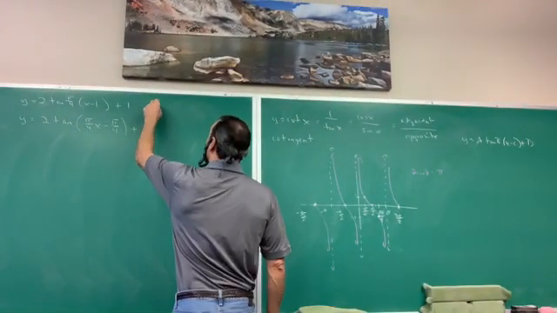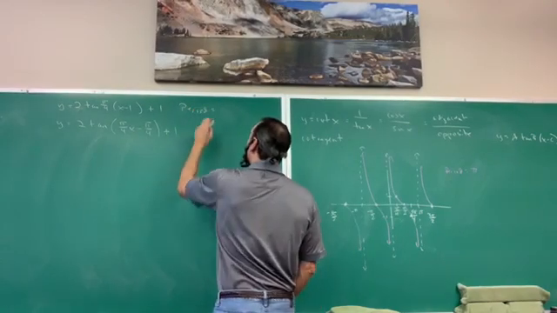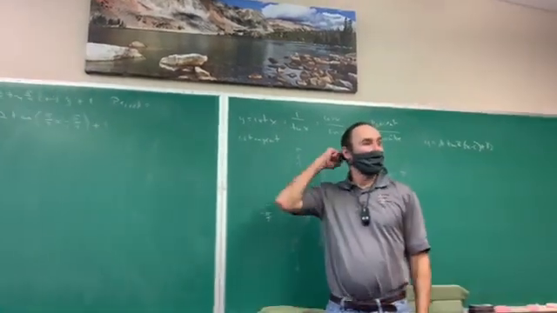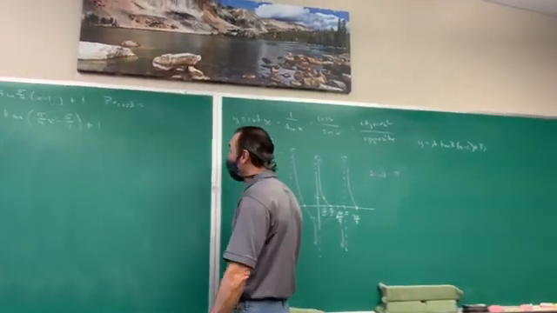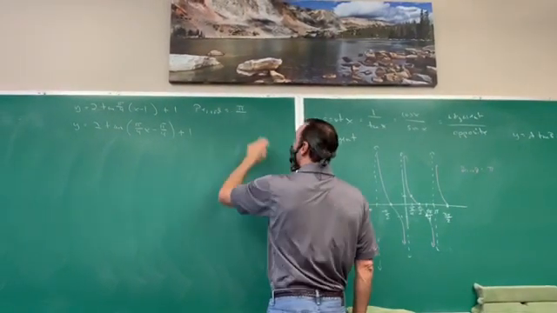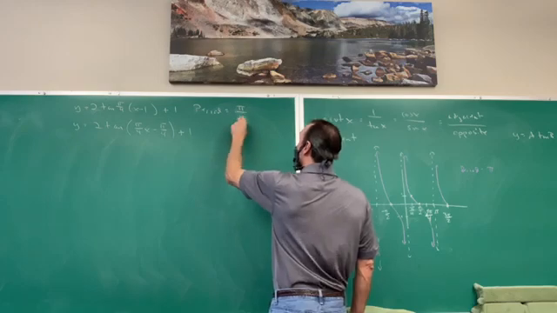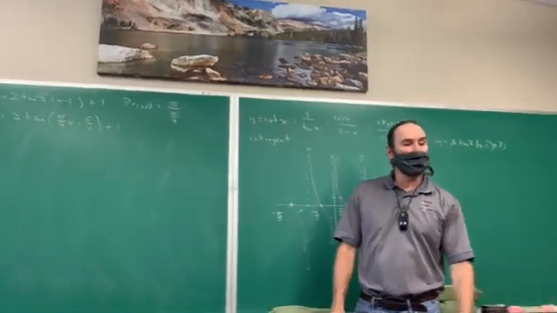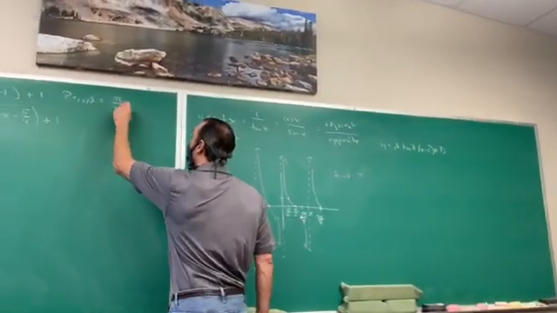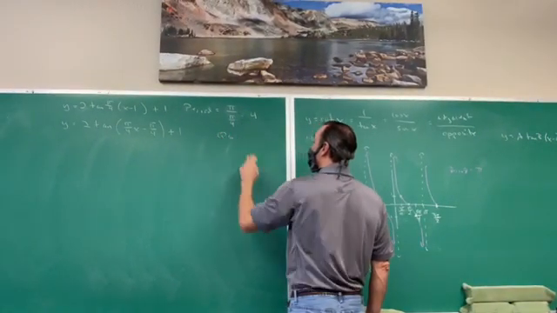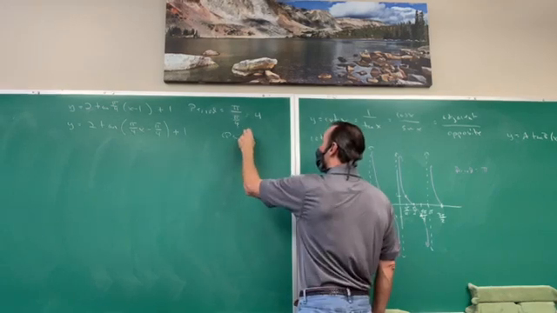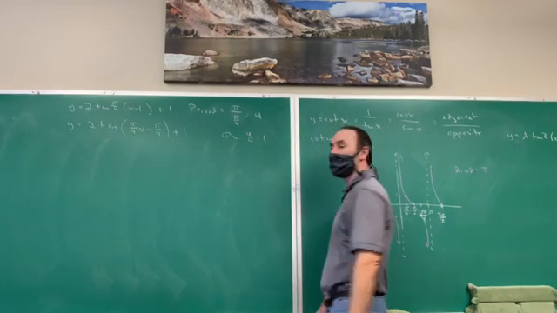Now we're going to figure out our period. So the natural period of tangent is pi, divided by the b, which is pi over 4, is going to give us 4. So the spacing between tick marks is again going to be every 1/4 of a period.